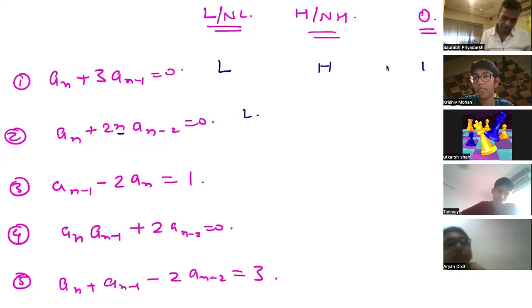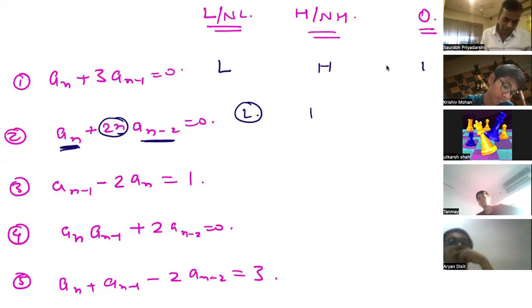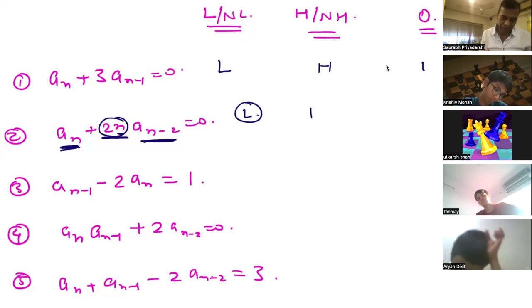No, two terms of a_n are not multiplying, so this will be linear, right? Homogeneous, non-homogeneous? That's not homogeneous because it has degree 2 in the second one. Degree 2, n is not a_n. n is n only. This is a_n, this is 2n, like any number is there, and this is a_{n-2}, right? Homogeneous, order.